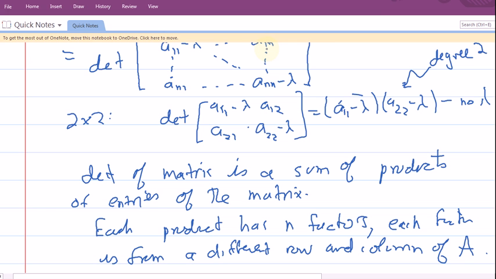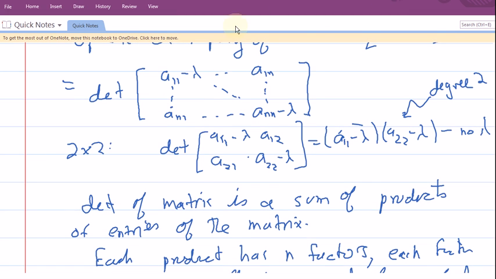Now, suppose I take entries from this matrix A minus lambda I, and I consider every factor. Every factor is going to be a product of entries. How many lambdas could be in any factor? Well, the most lambdas I could get would occur if I took all the entries on the diagonal.